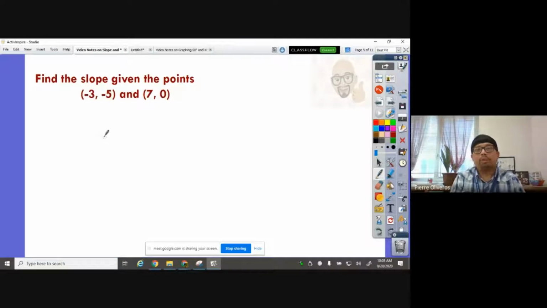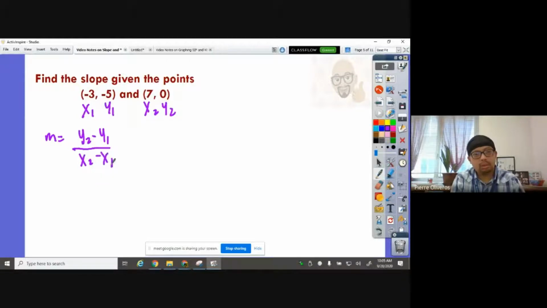Find the slope given the points (negative 3, negative 5) and (7, 0). So this is my x1, this is my y1, x2, y2. Writing the formula again, y sub 2 minus y sub 1 over x sub 2 minus x sub 1.